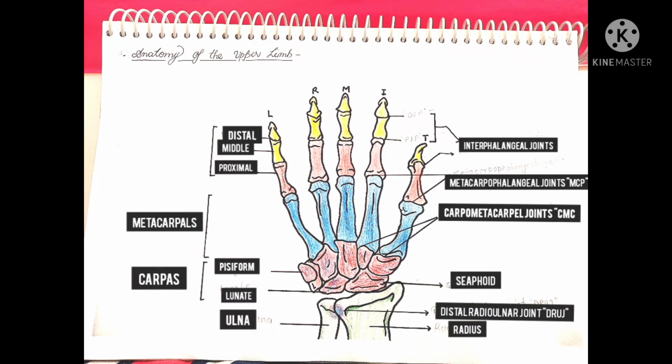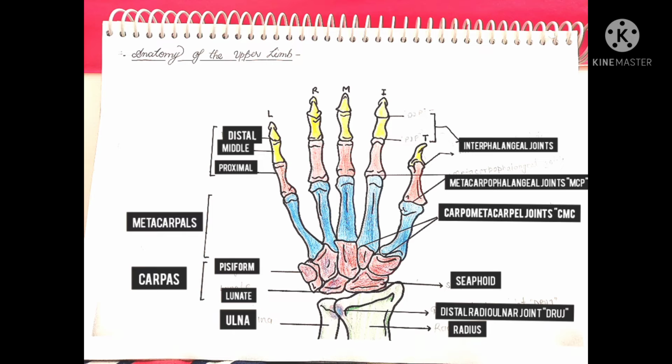The phalanges are subclassified into proximal phalanges, as seen here, the middle phalanges, and then the distal phalanges. Note that the thumb has only two phalanges, the proximal and distal phalanges. It does not have a middle phalanx.